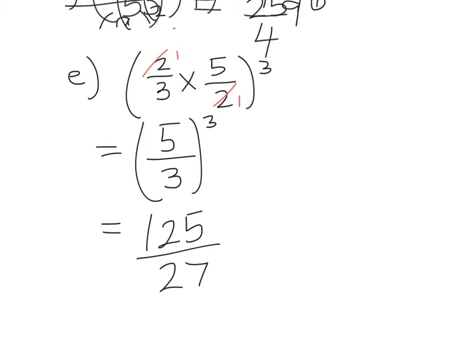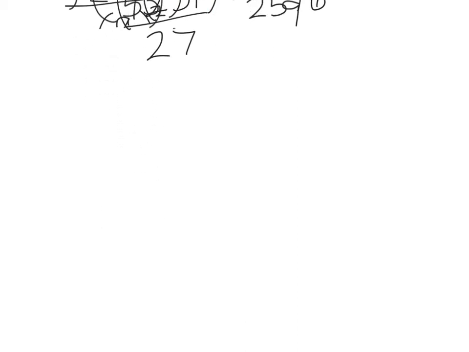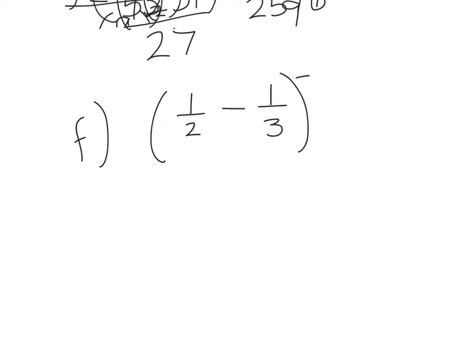Okay, last example. If we then take a bracket, a half minus a third squared, we need a common denominator of 6. So 3 times 2 is 6, and 1 times 3 is 3. 3 times 2 is 6, 2 times 1 is 2.